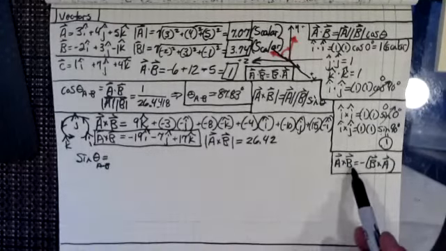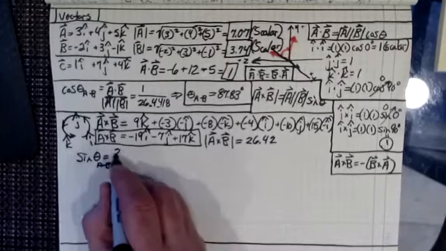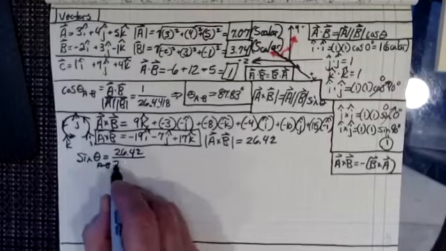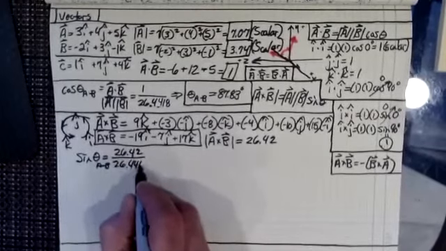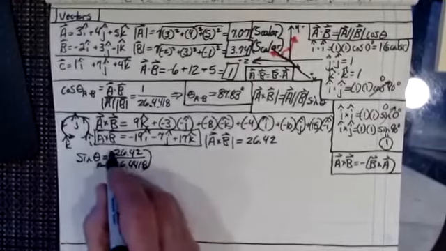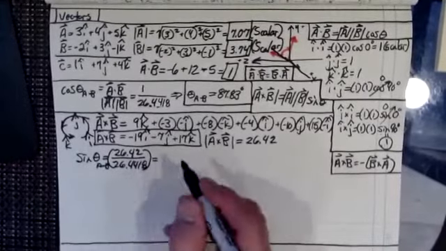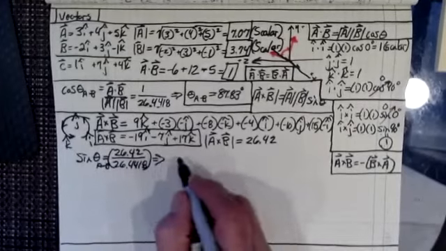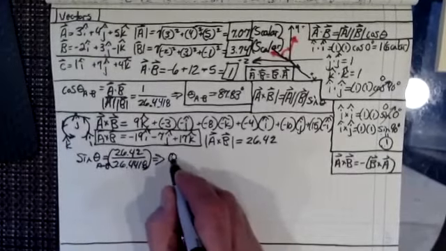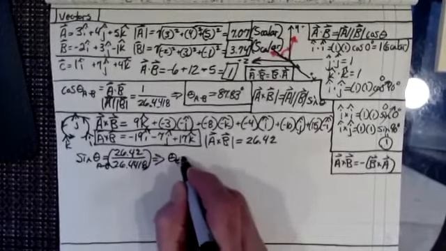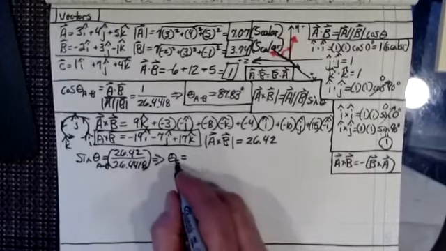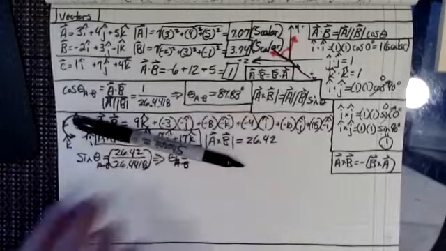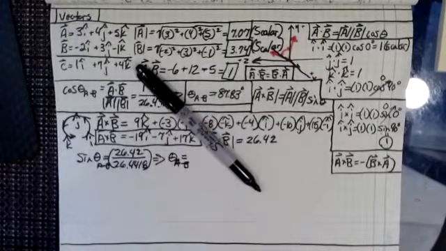So we've got A cross B, which is 26.42 divided by 26.4418, right? And that's going to be the sine of that. So if I take the inverse sine of that, that will give me the angle between A and B. And let me just do that just a second.